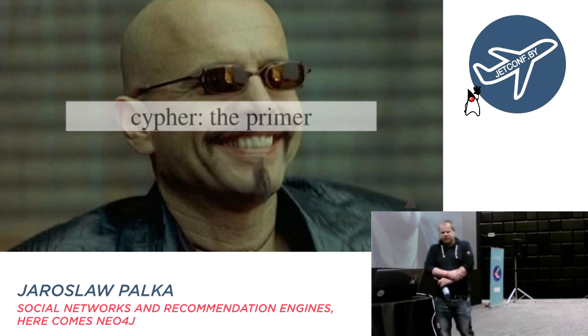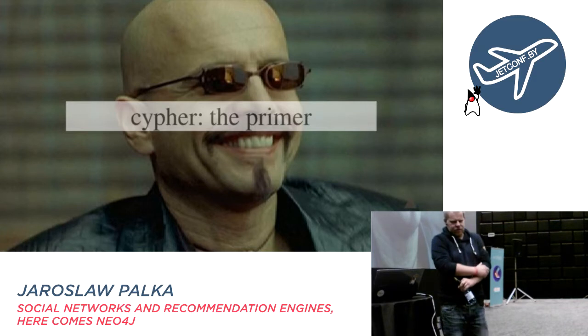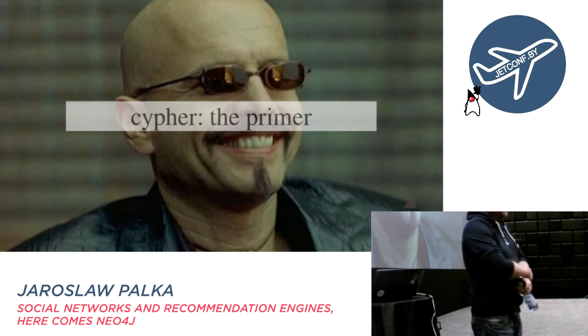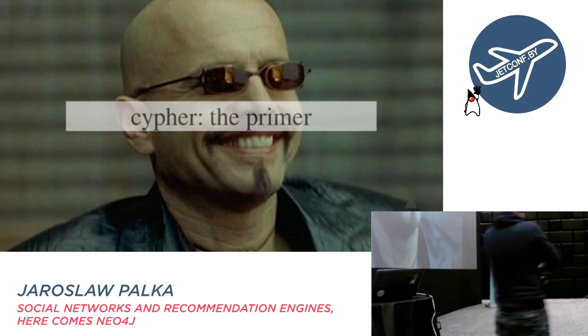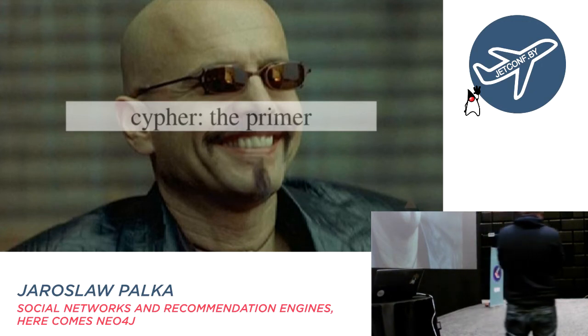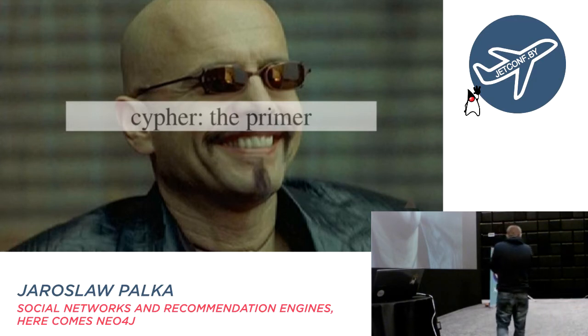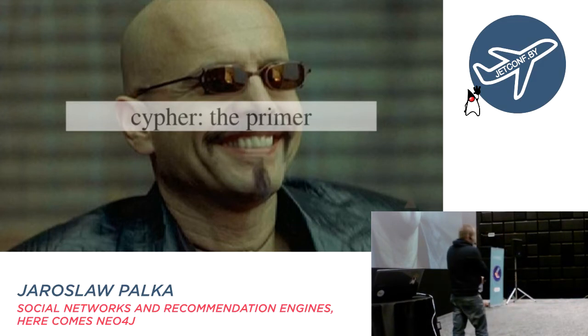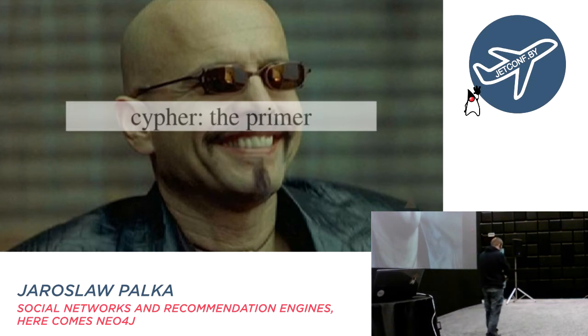But I think it was version 2.0 when they said, okay, we need a language for graphs. They said SQL, okay, it's fine, but doesn't match what we want to do with graphs, and doesn't match what graphs can do. There are languages like, for example, Gremlin, but they are like XPath for graphs. You show the paths, and we are working with graphs, much more complex structures. So they came up with the Cypher language.